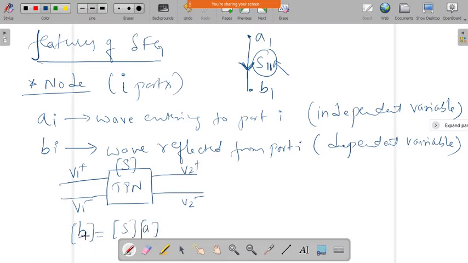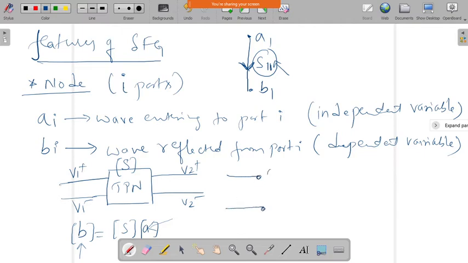If I represent it with the generalized scattering matrix, where we have two different port impedances, we can have the reflected voltage in terms of B and the incident voltage in terms of A. Now let us have the representation of this two-port network in terms of the S matrix and nodes. We can represent it like this.